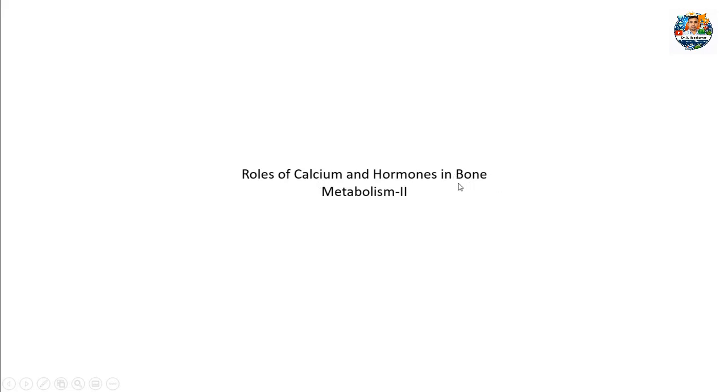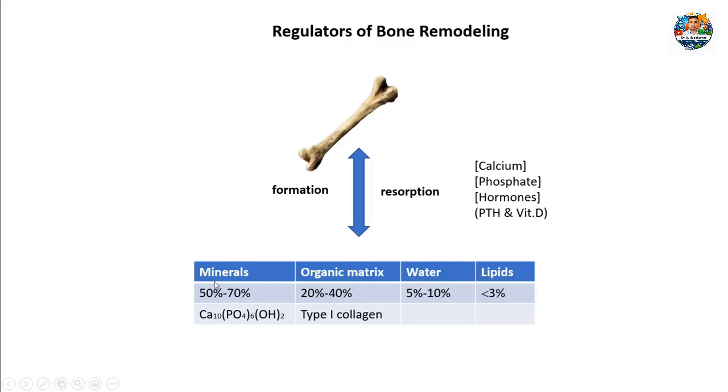Bone, as we have seen, consists of three major components: minerals, organic matrix, and water. And to some extent, some lipids are also there, but very little contribution from lipids. Nevertheless, it has some amount of lipids also. So majority of the bone is formed of these minerals. And what are these minerals? This mineral, as we call hydroxyapatite, consists mainly of calcium and phosphate.